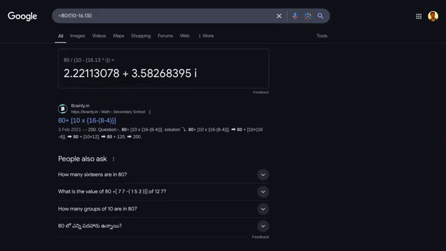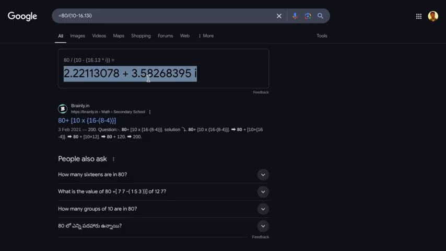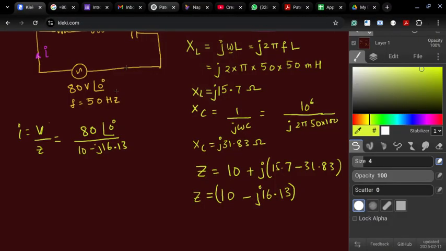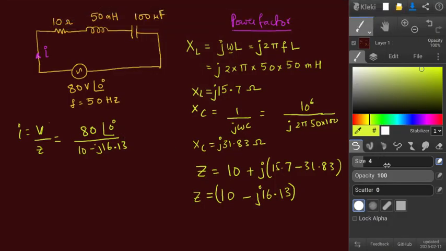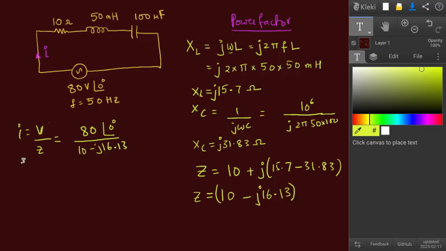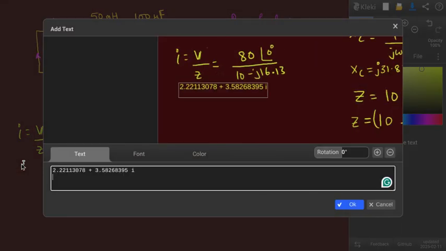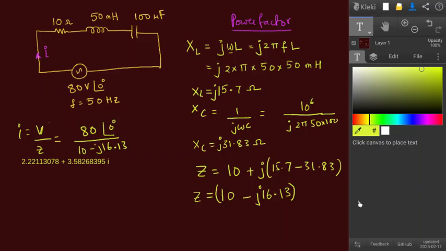So I got the current. Voltage divided by impedance is current: 2.221 plus j3.582. So I got the current value here.